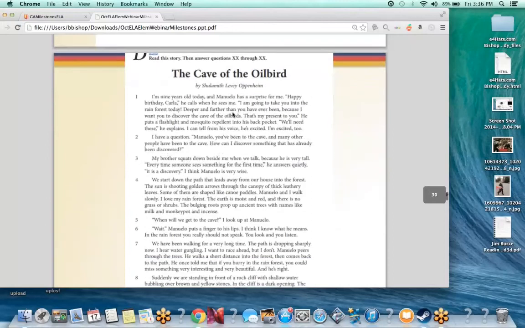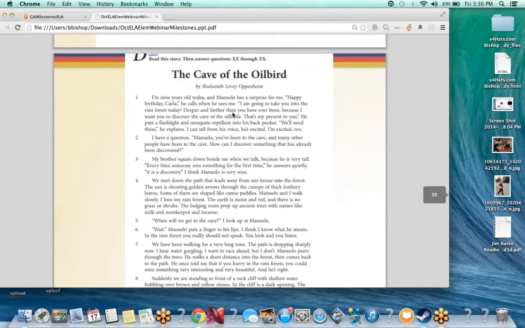Of course, to get a better copy to photocopy in class, you would want to use that link rather than this PowerPoint. But basically, in The Cave of the Oil Bird, a brother takes his sister into a cave and wants to show her the oil birds that are in there.